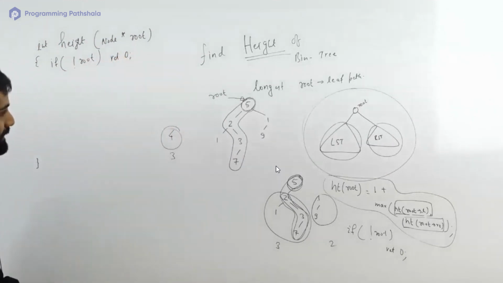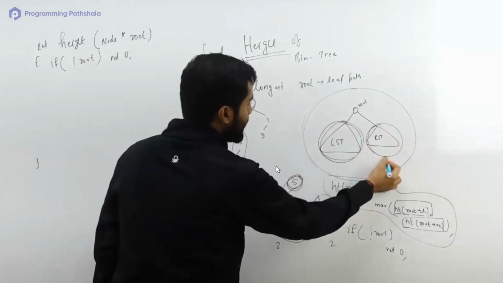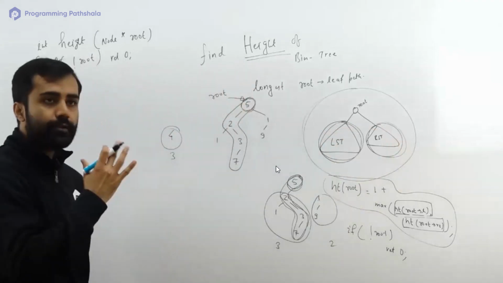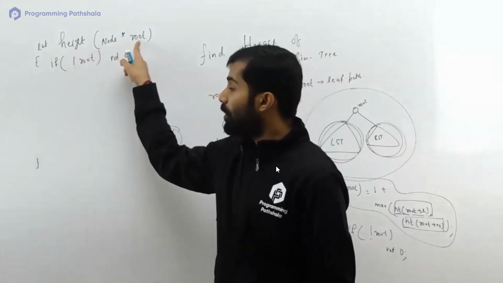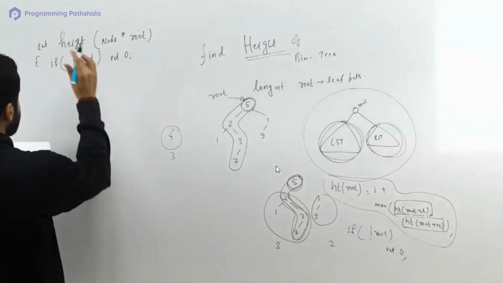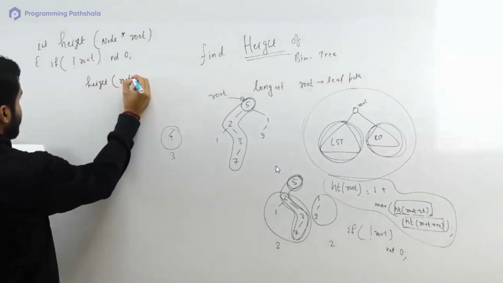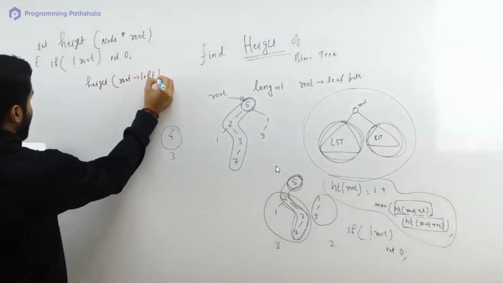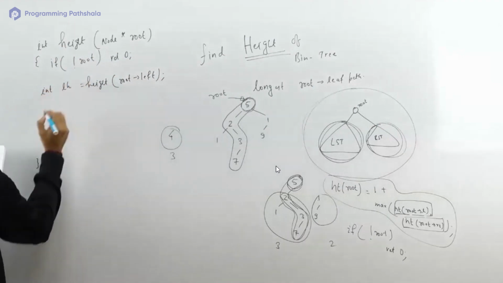Otherwise, what I'll do is I'll first compute the height of the left subtree, then I'll compute the height of the right subtree. How do you compute the height of the left subtree? By just making this recursive call on root left. So I'll call this function height for root left and it will supply me an integer. I'll call that integer left height.